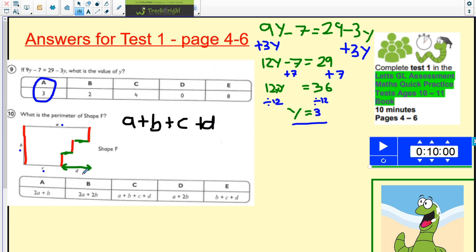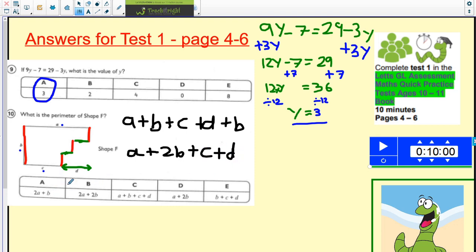But I've gone across, I've also got to go up, but luckily that bit and that bit and that bit is B again. So I've got A plus B plus C plus D plus B. We have to simplify this a bit. So I've got 1A, 2 B's, 1 C, and 1 D.